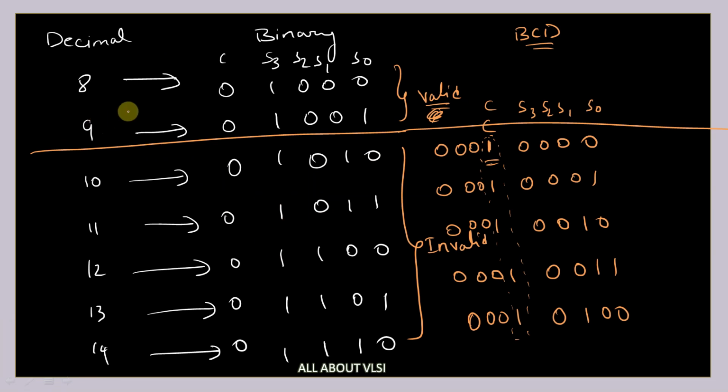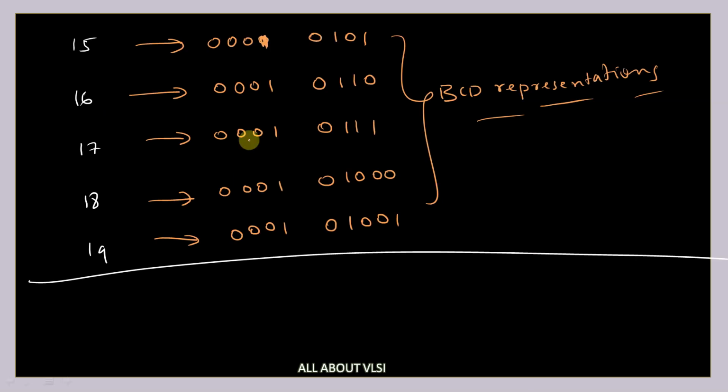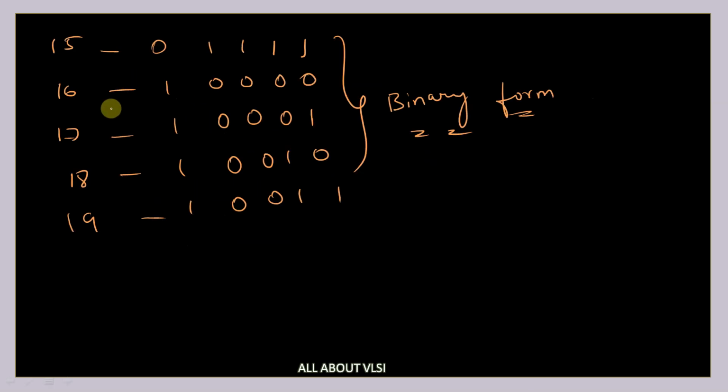Up to 9 we don't have any problem. Now from 10 to 19 we are having the problem. So first let us see the last digits from 16, 17, 18, 19.